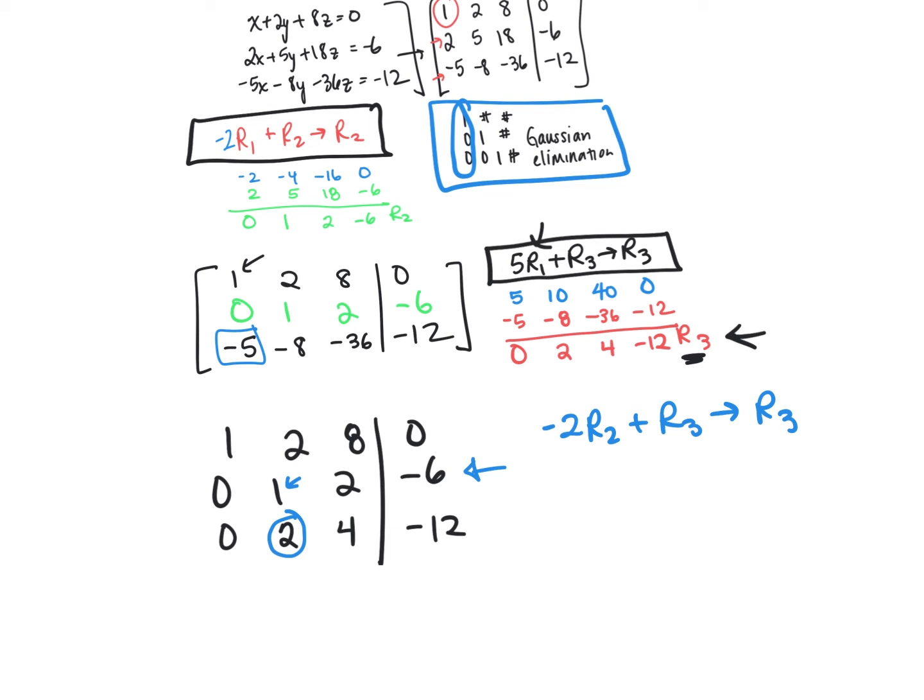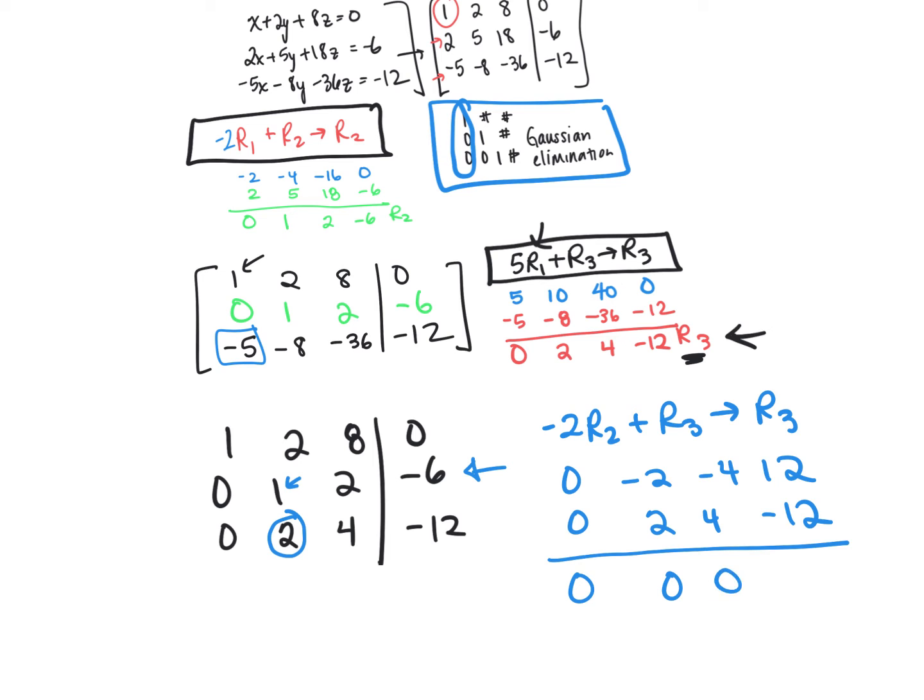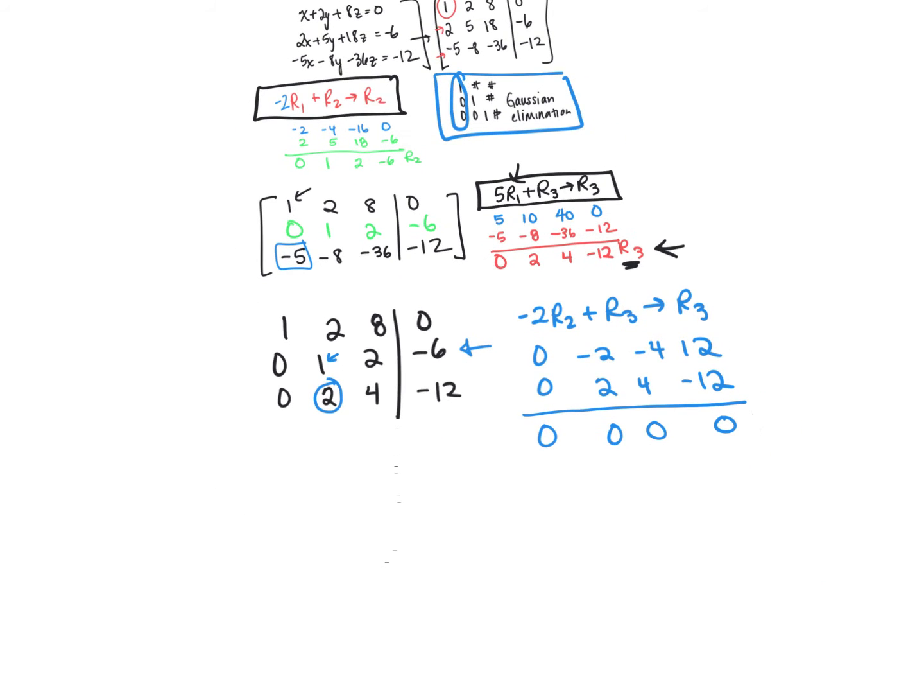So -2 times row 2 will be 0, -2, -4, 12. And my bottom row will be 0, 2, 4, -12. When I combine these together, I get 0, 0, 0. Ooh, lots of zeros.